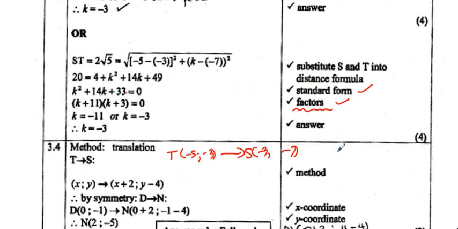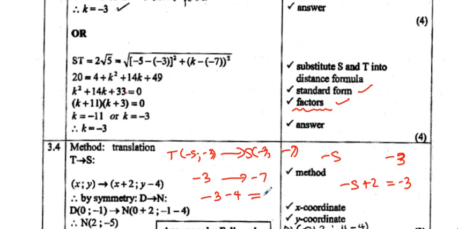You've got minus 5 going to minus 3, so the only way is to add 2. So I'm taking X and adding 2 to it. And minus 3 going to minus 7, the only way is to take minus 4, which will give you minus 7.